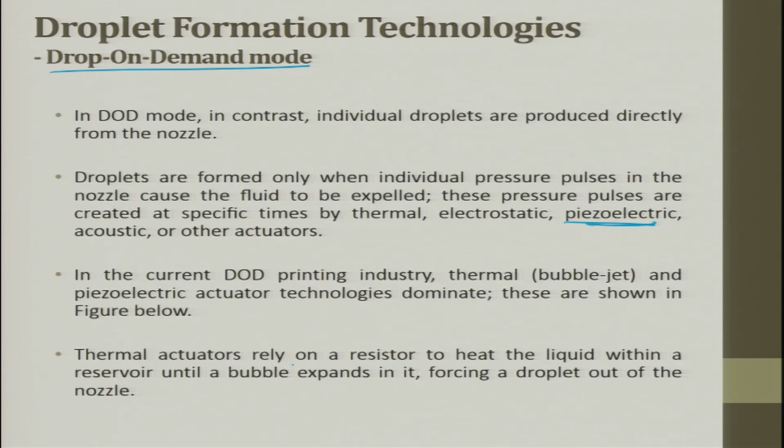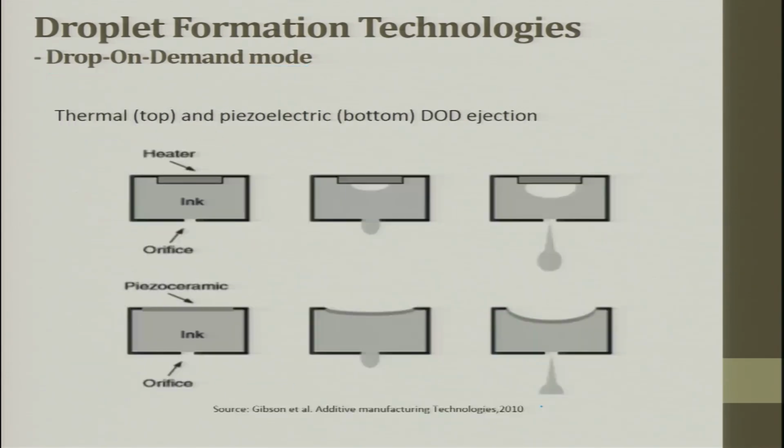The thermal actuators rely on resistor heating. Heating is I squared R T, the Joule heating effect, right. It heats the liquid within a reservoir until a bubble expands in it, forcing a droplet out of the nozzle. So, you can see here thermal and piezo. These are piezo, crystal is there.